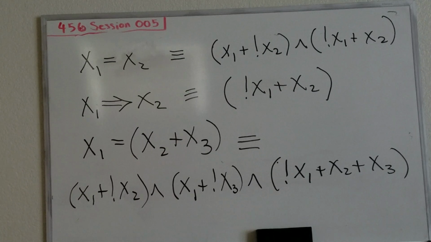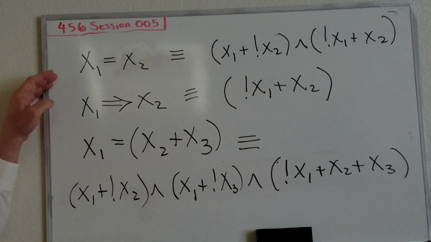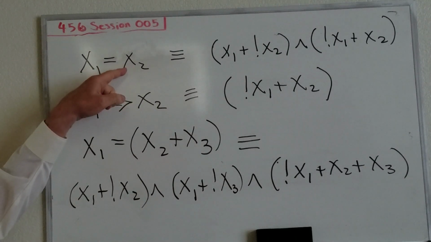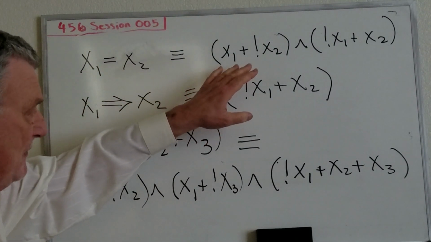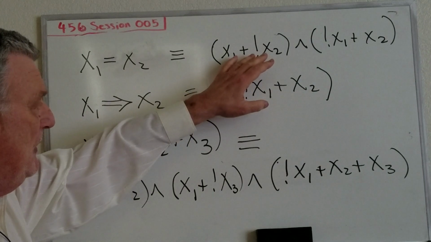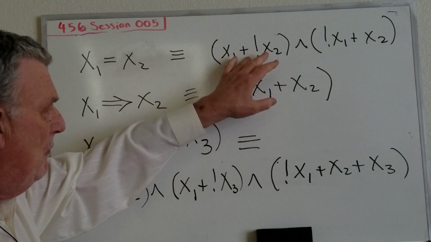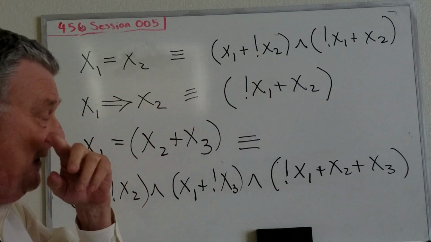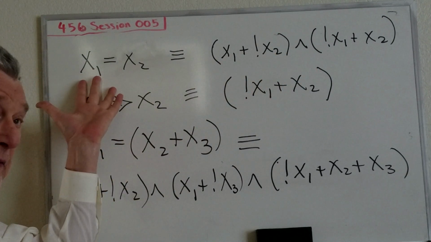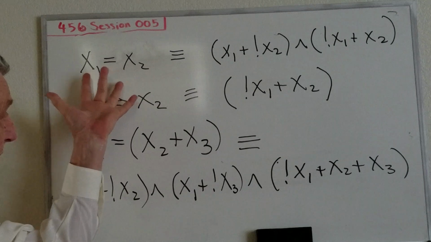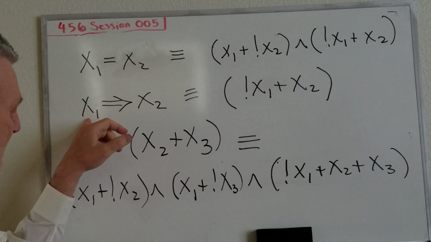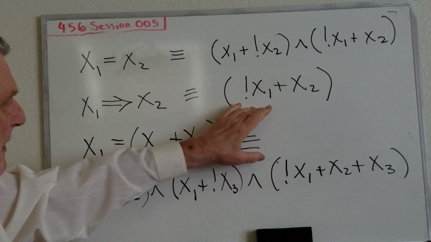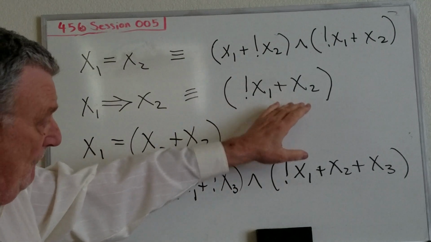Let's look at a few things that are simple or more complicated. The clause x1 equals x2 can be replaced by this conjunctive normal form: x1 or not x2, and not x1 or x2. Try to convince yourself that that's equivalent to saying x1 equals x2. Likewise, x1 implies x2 could be written as not x1 or x2.